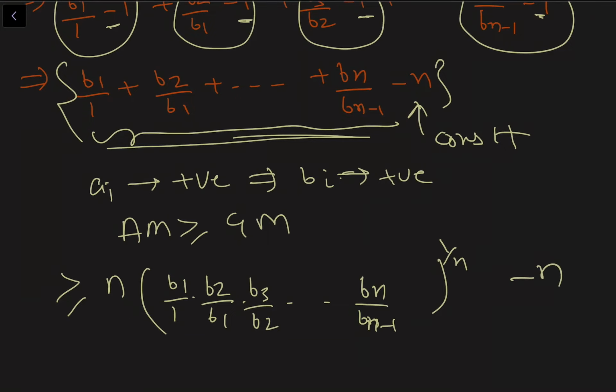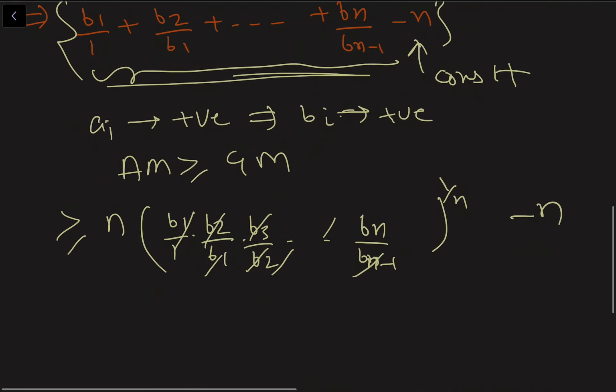I can say that. Now this b1 cancels, b2 cancels, b3 cancels, bn minus 1 cancels. So here I am left with n times bn raised to power 1 by n, minus n.